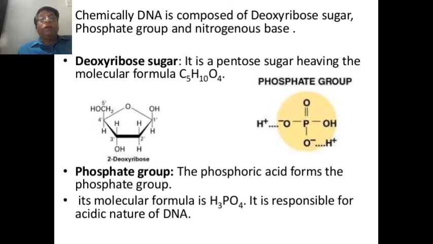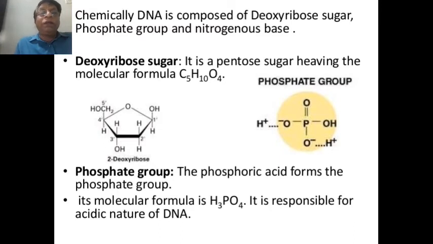Now we shall see the deoxyribose sugar. Deoxyribose sugar is present in the DNA molecule. It is a pentose sugar having the molecular formula C5H10O4. You can see the structural formula also.